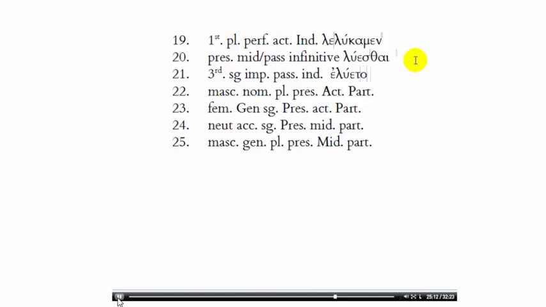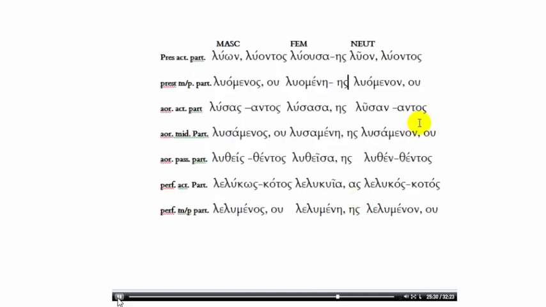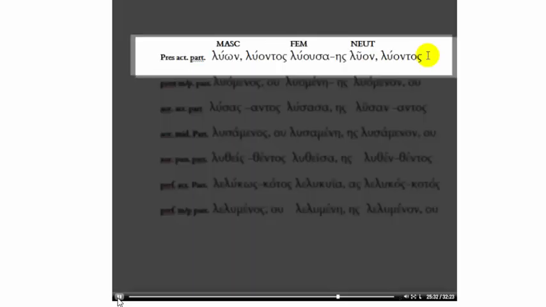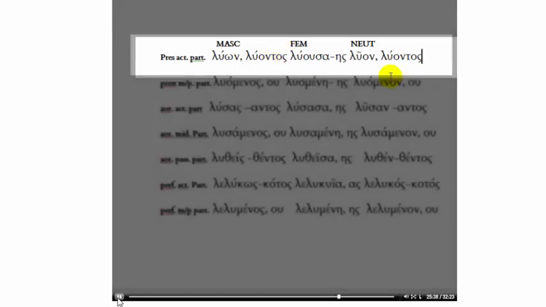Number 22, the masculine nominative plural present active participle. Very good. This is the first participle we've had, and this gets into material from this particular chapter that you're doing. So let's take a look at the participles again and see if we can figure out some patterns here, which perhaps should have already occurred to us. Notice here for the present active participle you have a masculine, a feminine, and a neuter form.